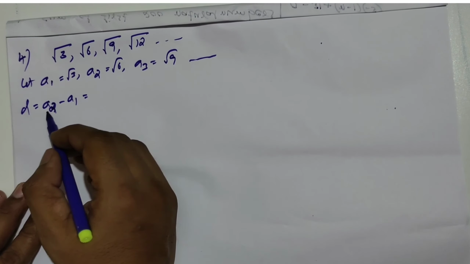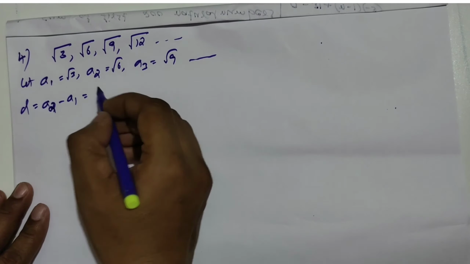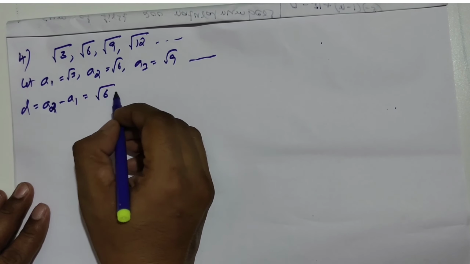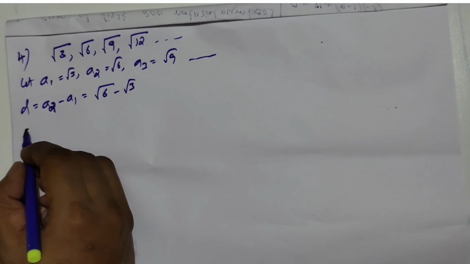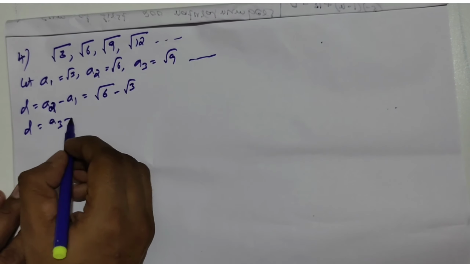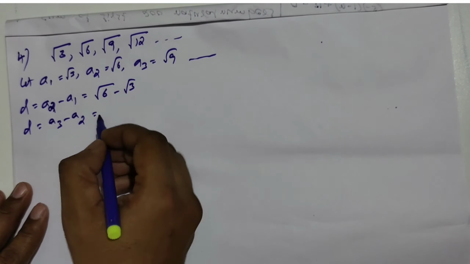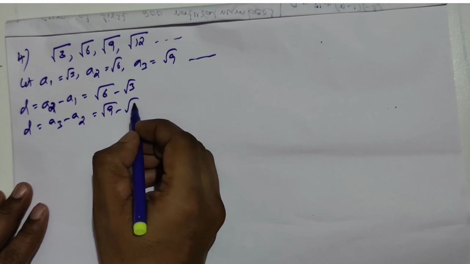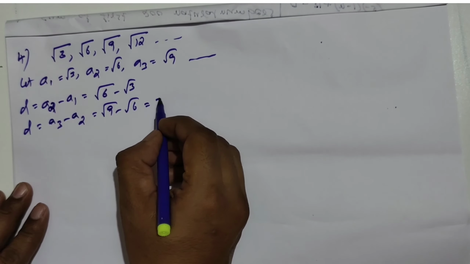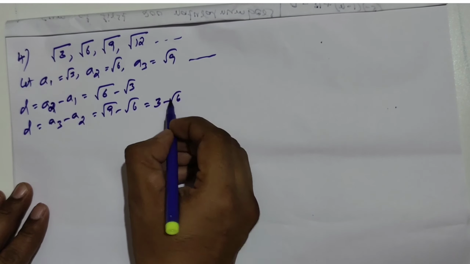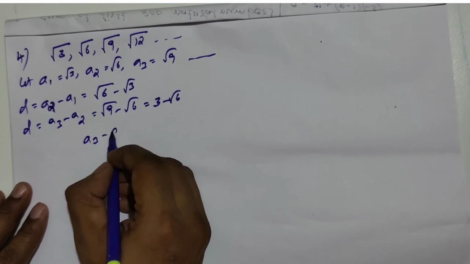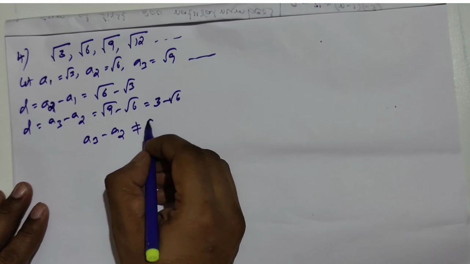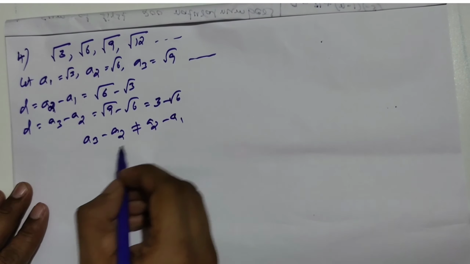So here d is equal to a2 minus a1, that is root 6 minus root 3. Keep it as it is. Next, a3 minus a2, that is root 9 minus root 6. Root 9 value we know is 3, so 3 minus root 6. But these two are not equal, that is a3 minus a2 is not equal to a2 minus a1.